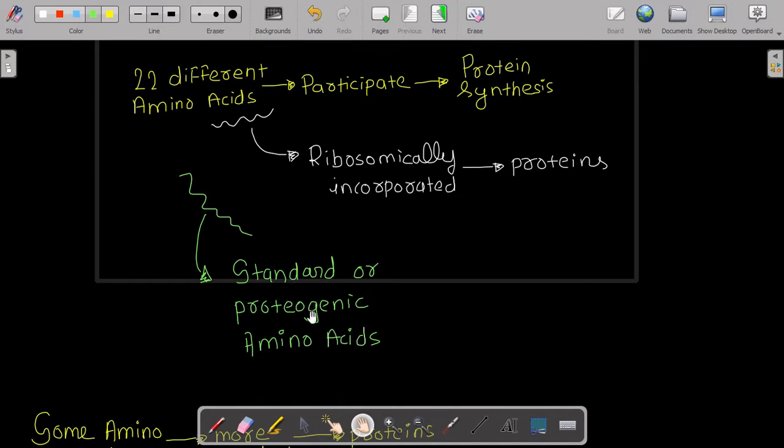They make your protein, and ribosomes are involved. Ribosomes incorporate them, and then the protein is synthesized. That is the reason why they are known as used in the synthesis of ribosomically incorporated proteins.